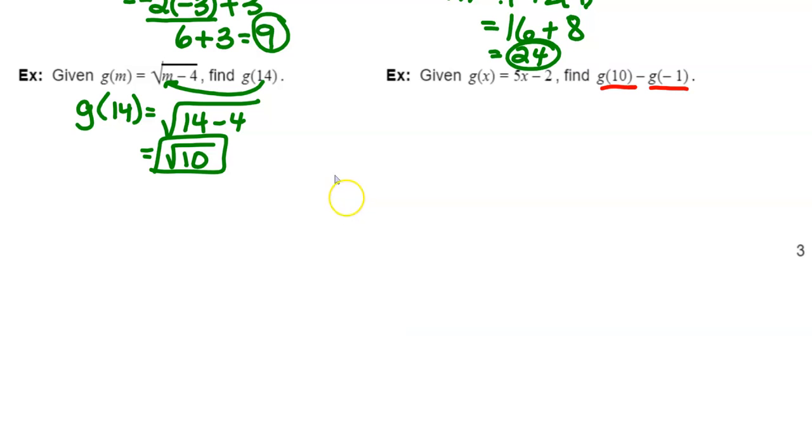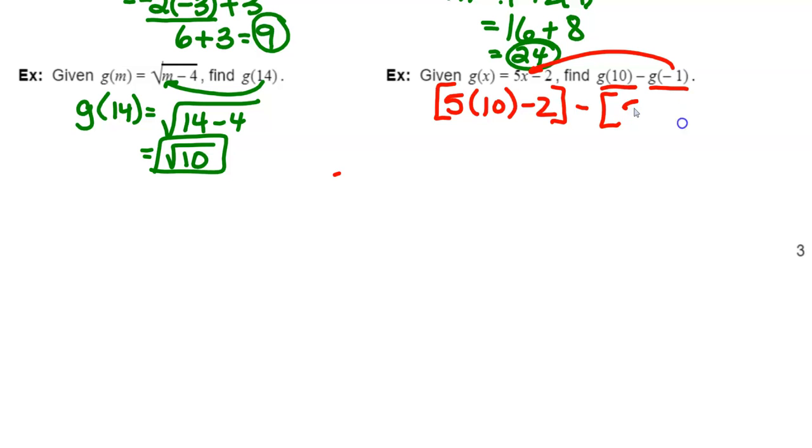So looking at g of 10, that means I'm going to put 10 in for x, so that means I take 5 times our 10 and then minus 2, so I'm going to kind of put those in brackets to represent that that's one quantity as our g of 10, minus, then I'm going to put negative 1 in for x. And so I'm going to take 5 times a negative 1 and then subtract 2 also.